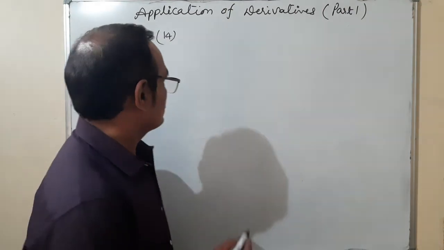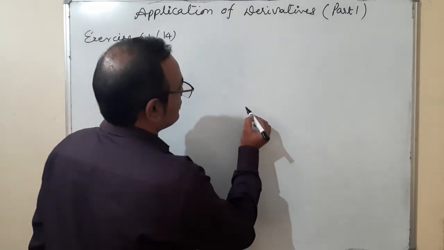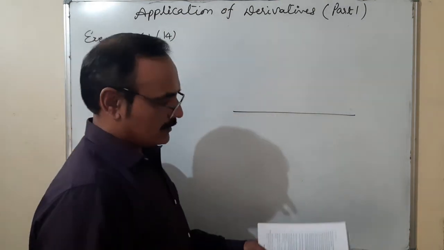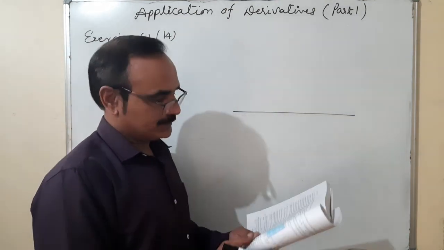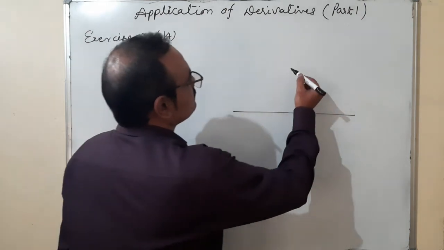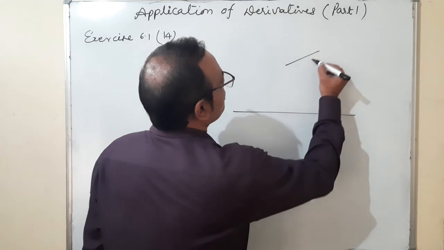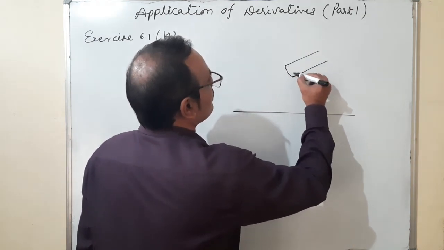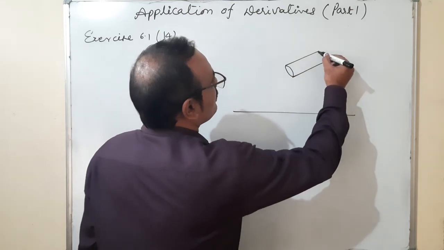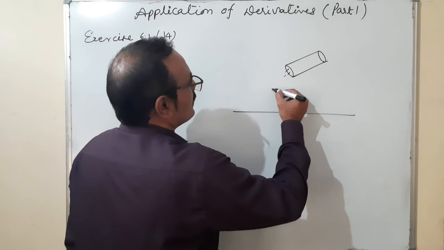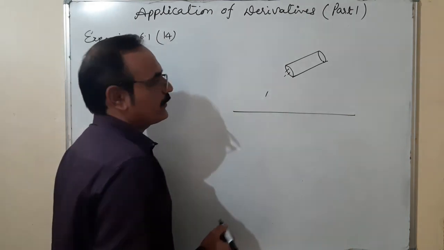Okay. See what is the situation. This is a ground. On the ground, sand is being poured. Sand is pouring from a pipe. Suppose it is a pipe. Through this pipe, sand is being poured here.